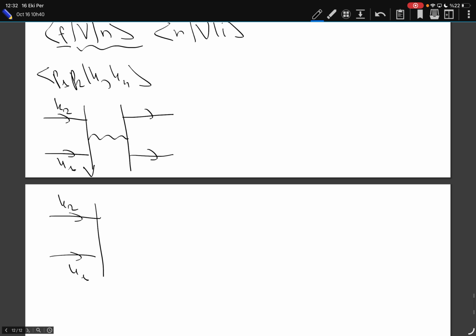I will have more than one contribution, because all these commutations will give me more than one term contributing to the sum. Let's just draw one of them. Well, this will disappear, and there will be a photon created, and there will be some other particle created. This will disappear though.